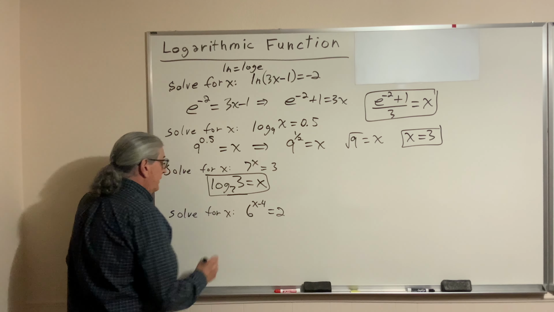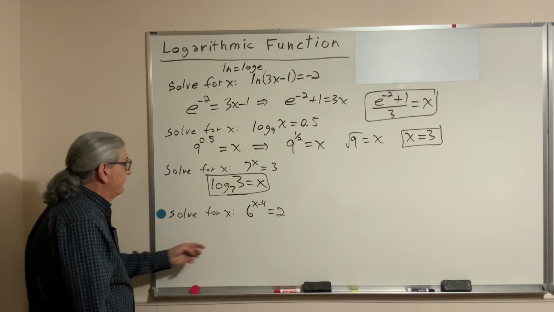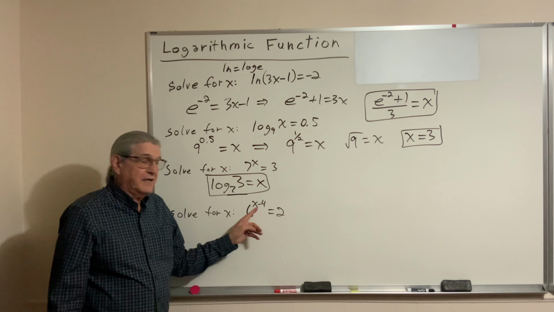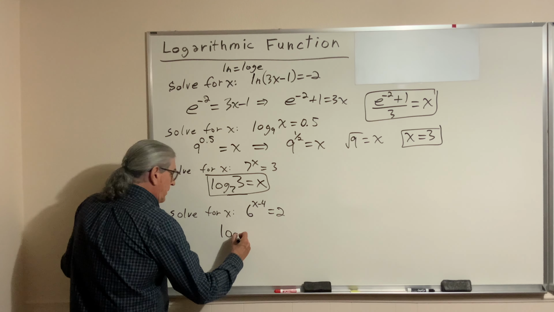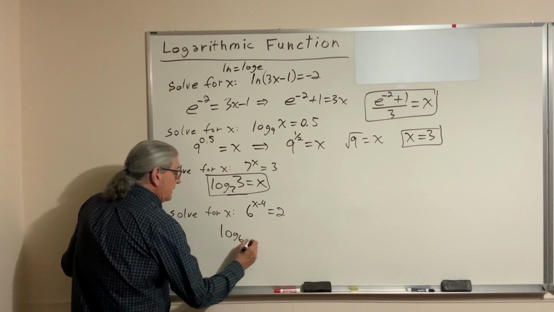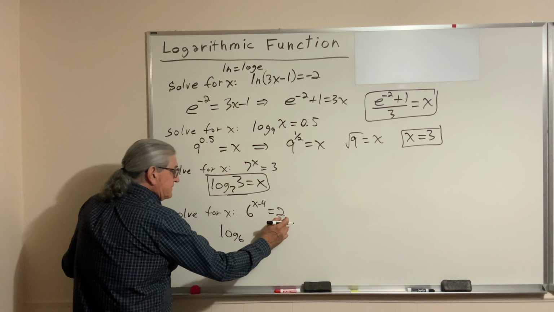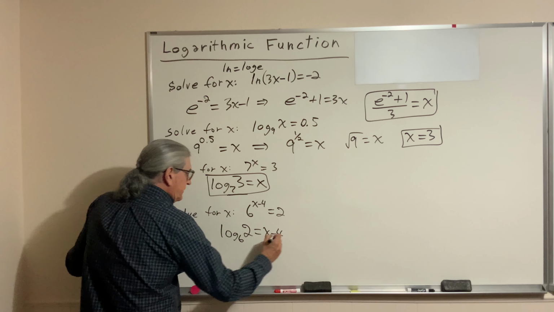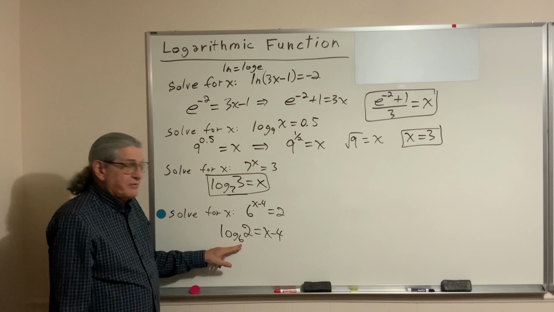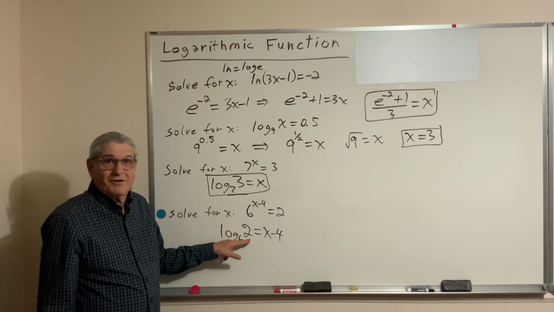All right. And so for the last one, again, the x is in the exponent, so we have to use a logarithm. So the log, our base is 6. This is the argument, and equals x minus 4. Again, make sure your base is smaller than your argument.